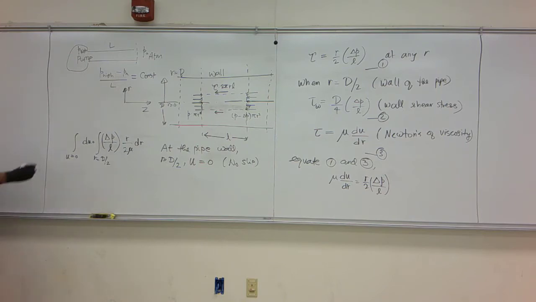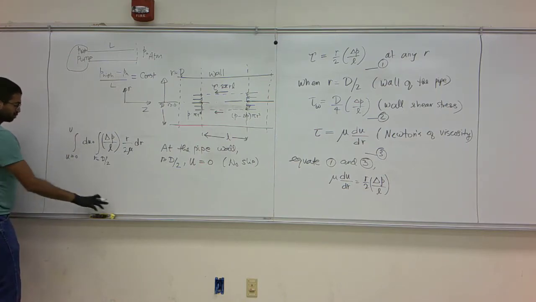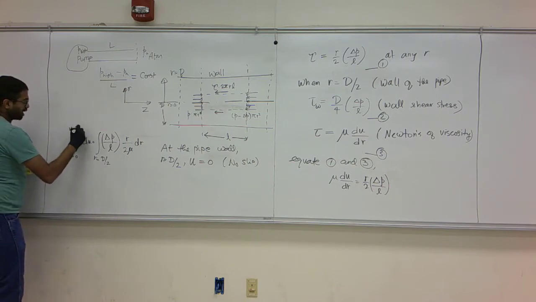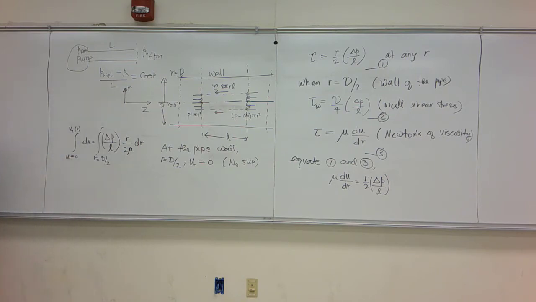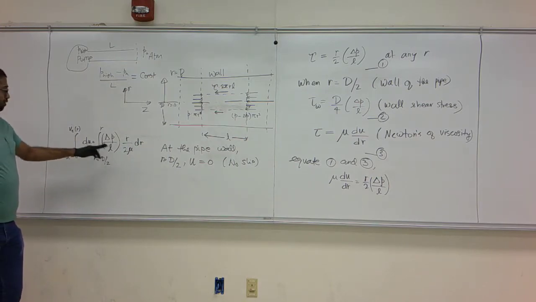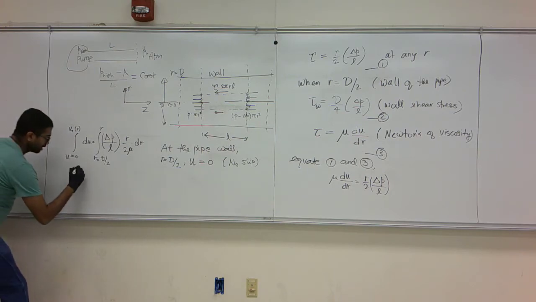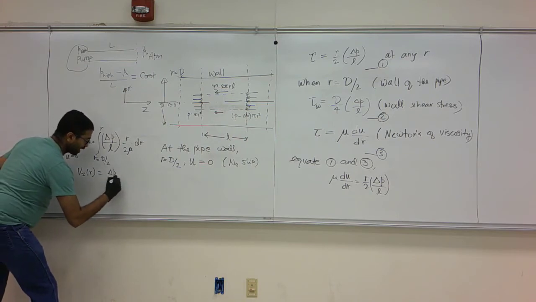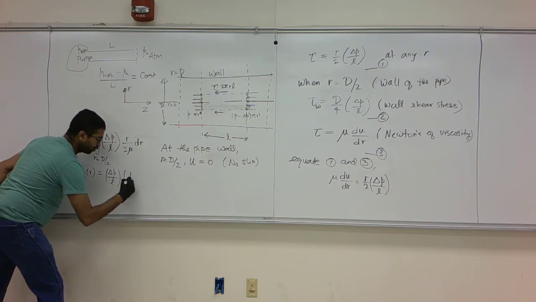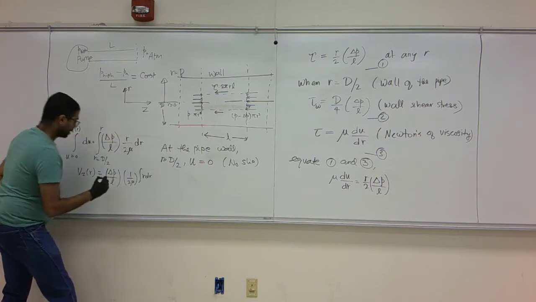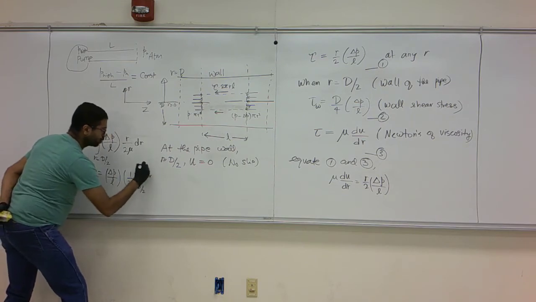At any other section we will call this Vz of r, and r is simply r. I have to integrate this in order to get my velocity profile. So if I do that, I have Vz of r equals delta P over L divided by 2 mu times the integral of r dr from D by 2 to r.